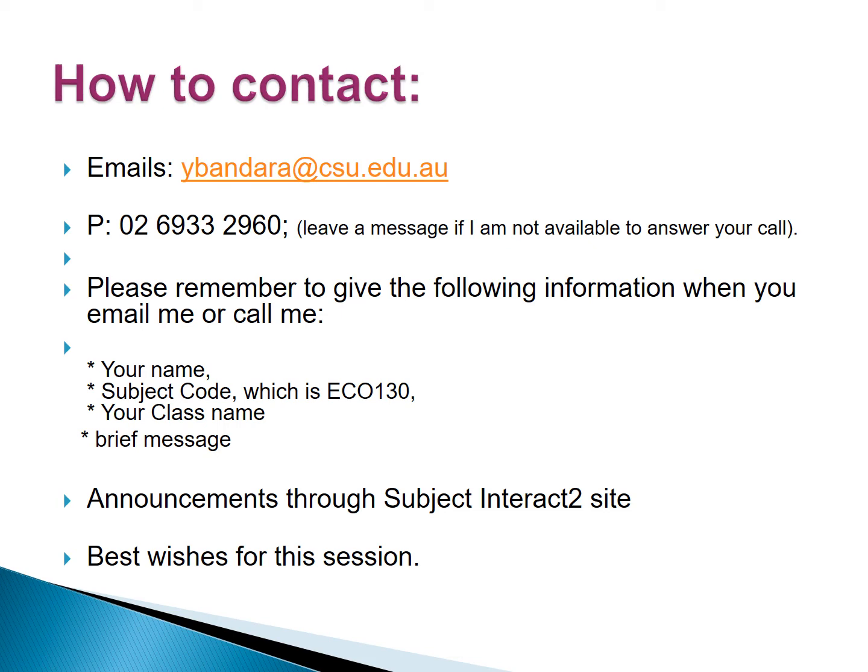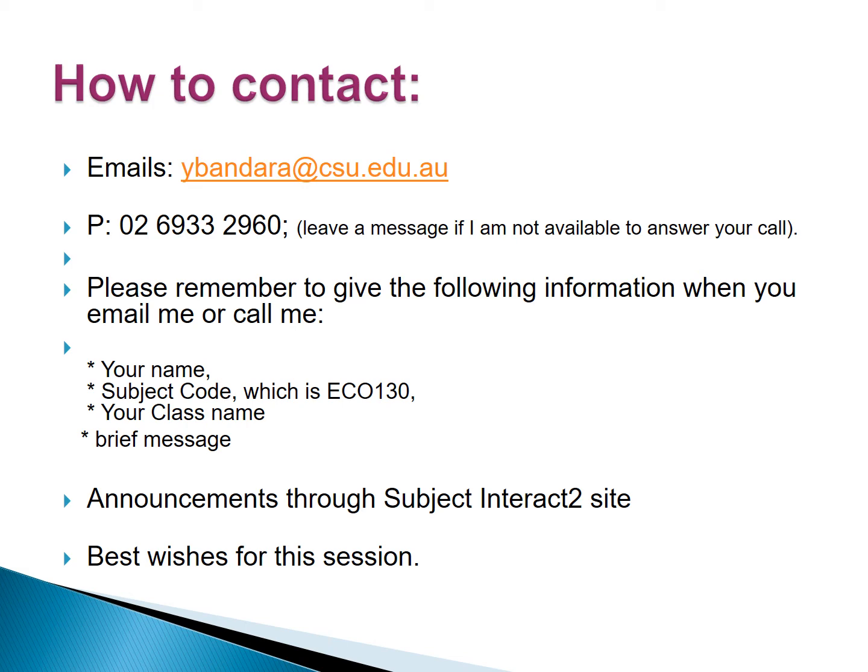The first thing is to write down your name or tell me your name, and then the subject code, which is ECO130, and also your class name. What I mean by that is that if you are enrolled under each campus, for example, if you are registered under Albury Internal, you will say AI.